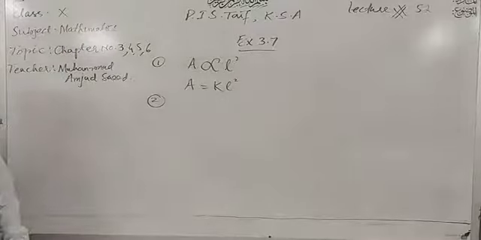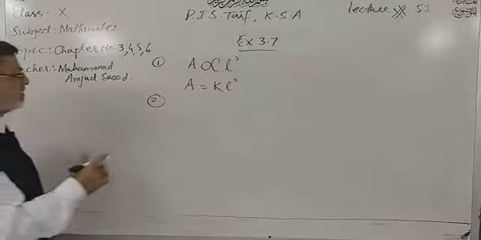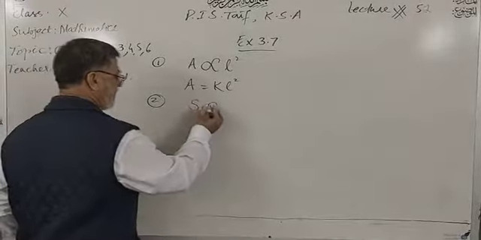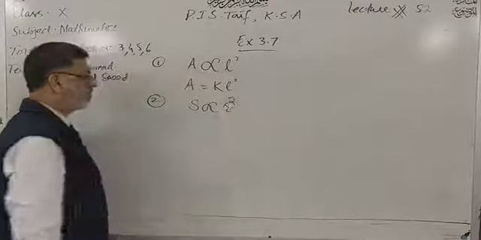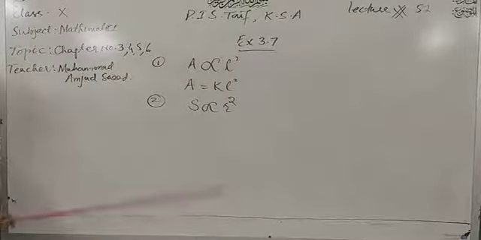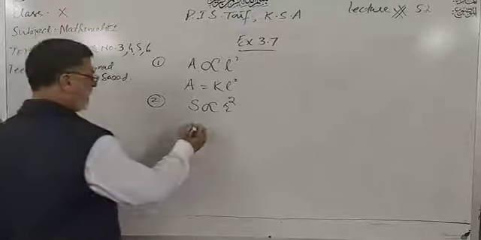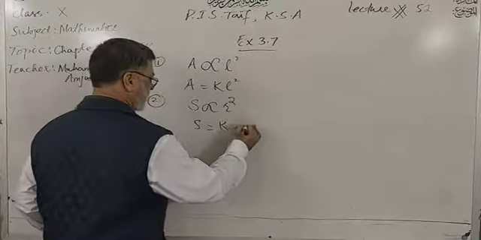Question number 2. The surface area S of a sphere varies directly as the square of its radius. Surface area S is directly proportional to the square of the radius r square. So S is equal to k r square.